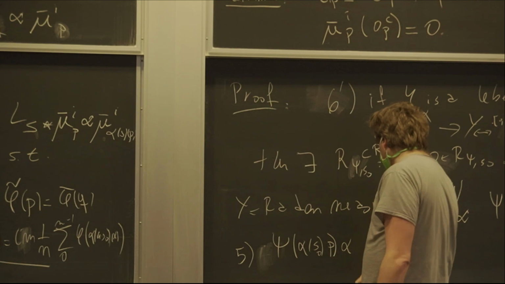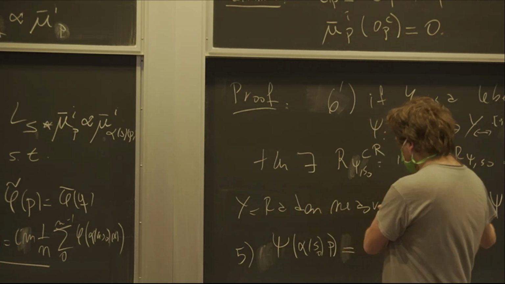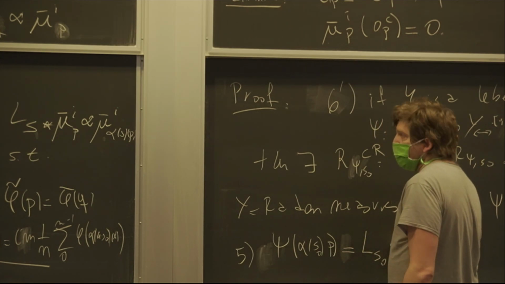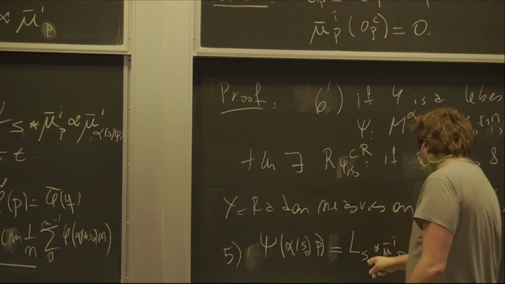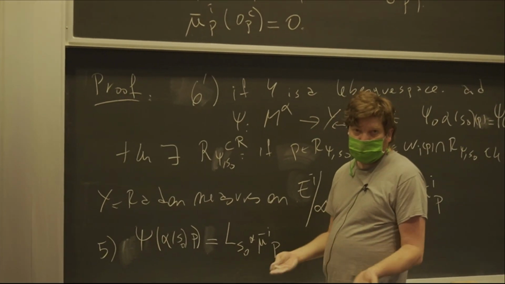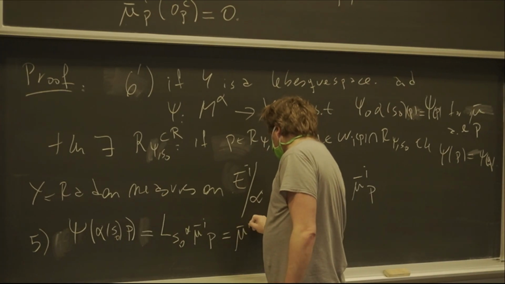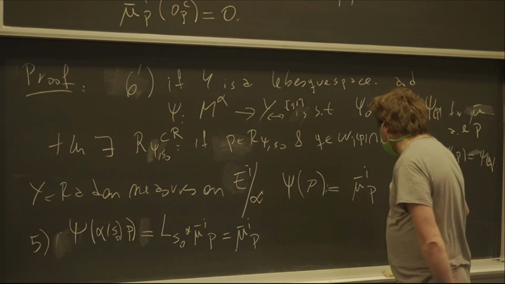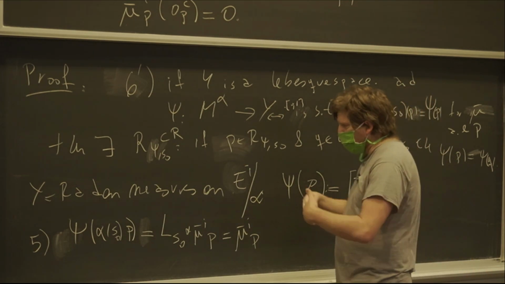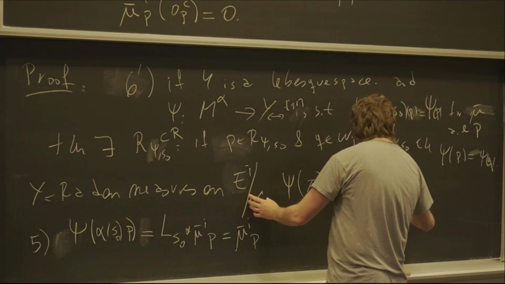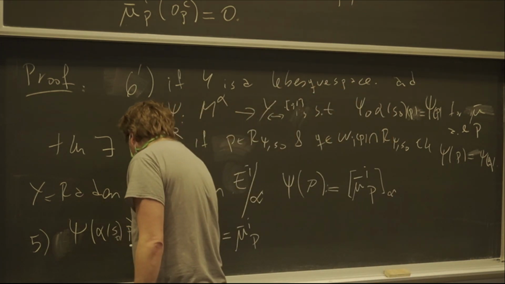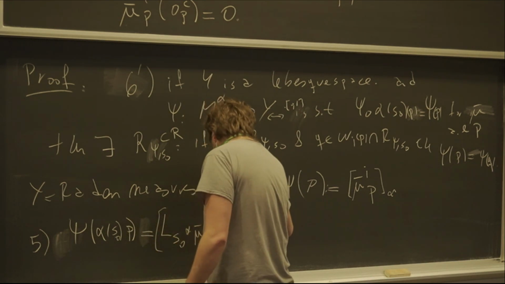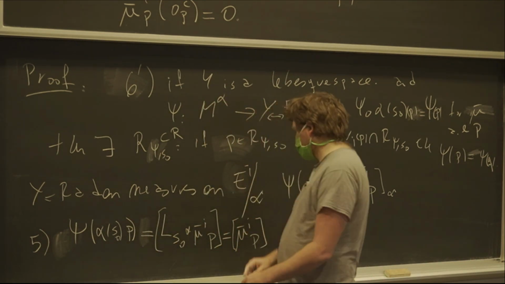So this is equivalent, and in the actual space which I quotient by this relation is really equal to LS naught star mu bar IP, but LS naught is multiplication by 1, so it's the identity. So this is mu bar IP. Maybe let me put brackets to mean I'm considering this relation here, just to make sure I'm not messing up. So this is the same as this, which is equal.